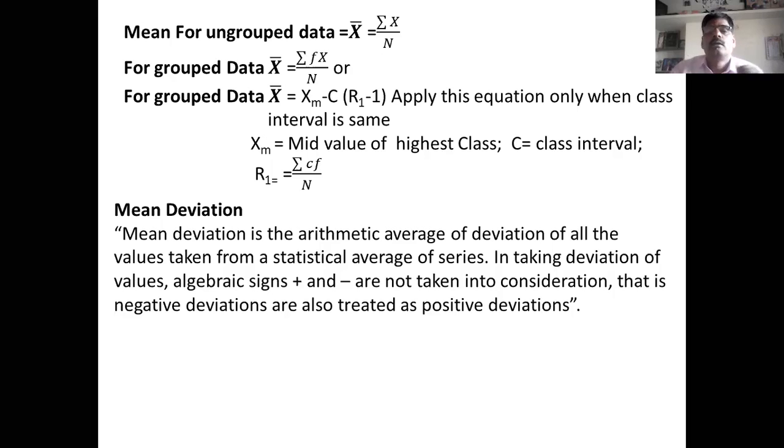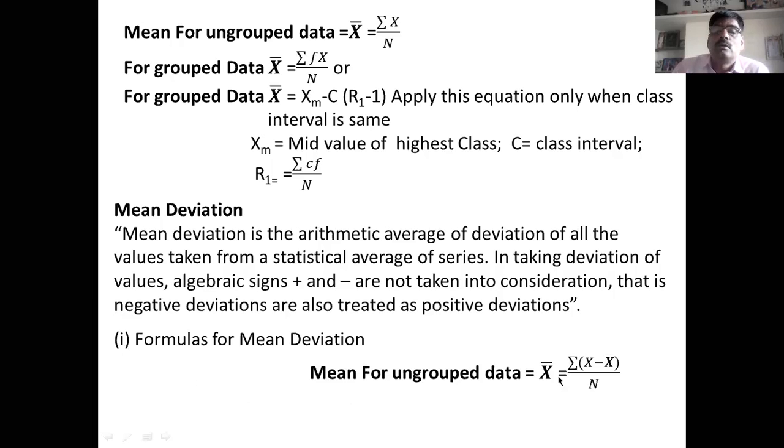Okay. Then how to calculate mean deviation? Mean deviation, represented by x bar, is equal to summation of modulus x minus x bar divided by n. This is the equation. In the x value, you deduct the mean, take the total of these values, and divide by n.